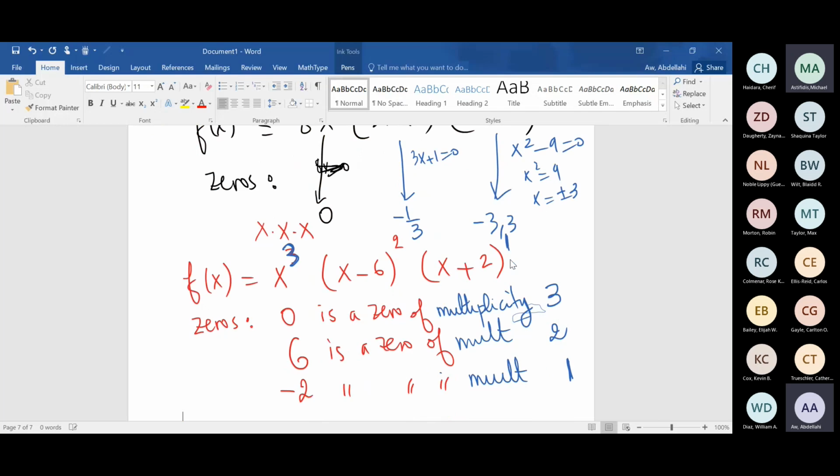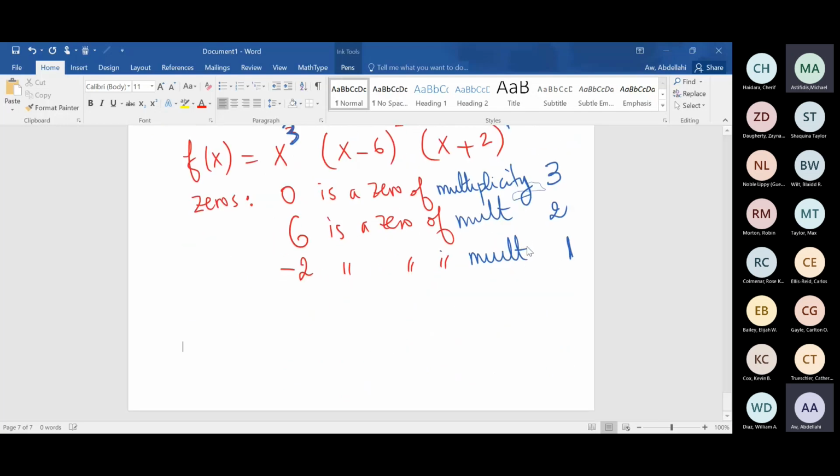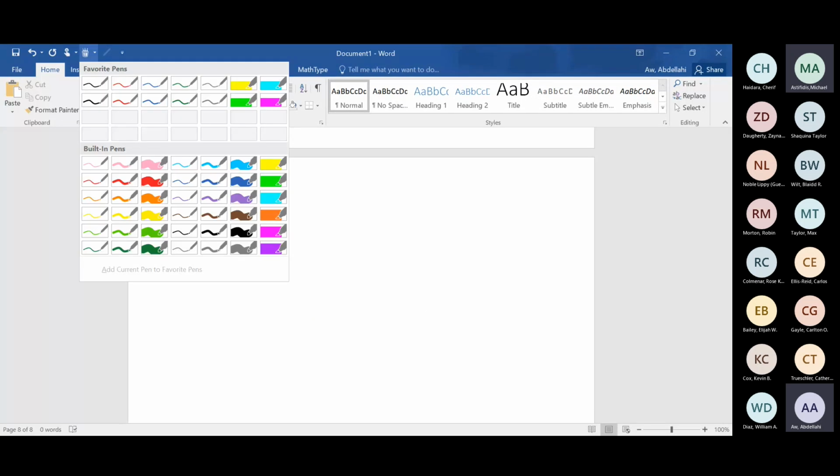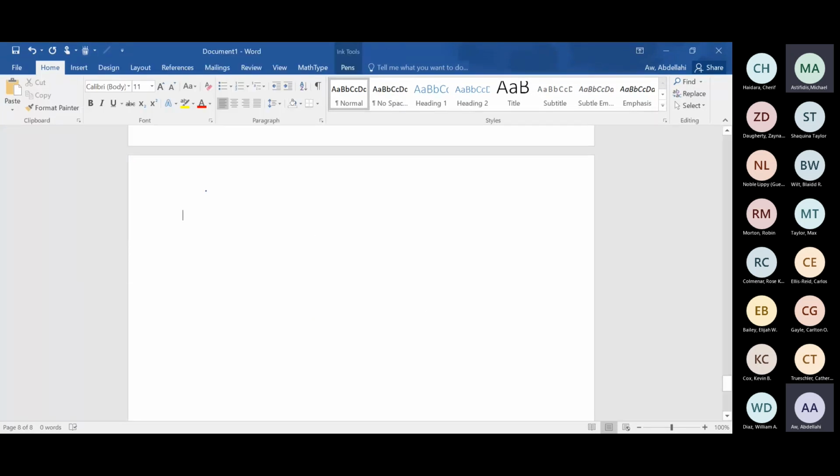Just before we close this, I tell you, if A and B are 2 consecutive zeros, and we know what consecutive means, right? When you say 2 consecutive zeros, it means we don't have another zero between them.